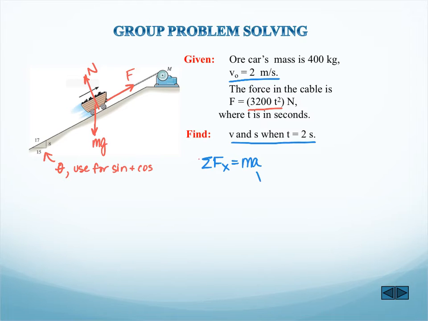So what they want you to do is figure out an expression for the acceleration, then express that as dv dt, and integrate to get velocity as a function of time, and then also integrate to get position as a function of time. That's something I'm going to leave for you to do on your own, and we'll come back when we meet as a group and talk about that together.